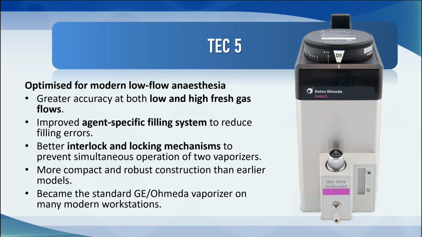The filling system was improved. It became agent specific, so you couldn't put enflurane in the isoflurane vaporizer. The interlocking mechanism stopped simultaneous use of two different vaporizers on the manifold. This vaporizer could be used in pretty much any conventional anesthetic machine today.